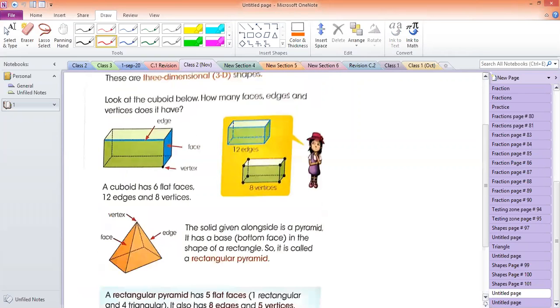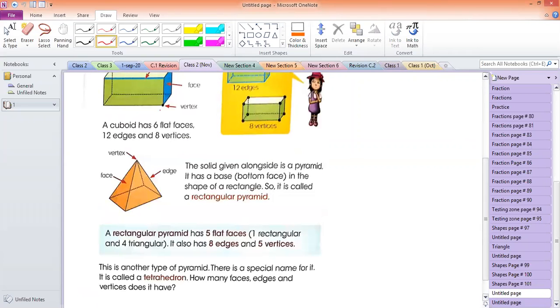There are 8 edges, you can see. Edges are the lines through which one face meets another face. So this is 1, 2, 3, 4, 5, 6, 7, and 8. So there are 8 edges in a rectangular pyramid.